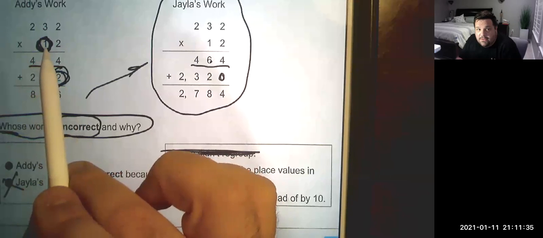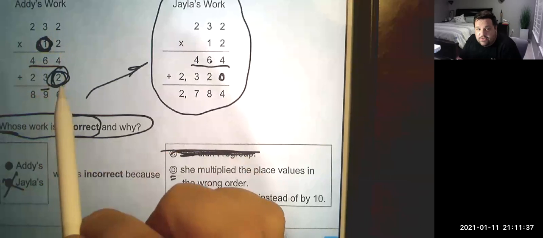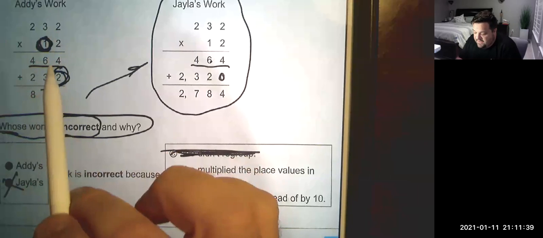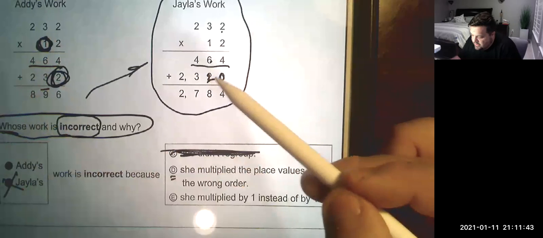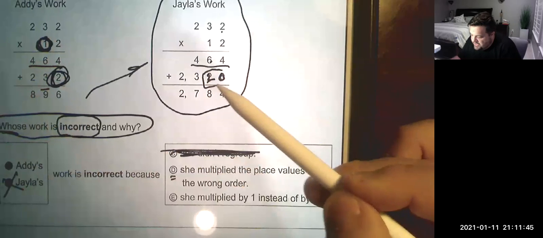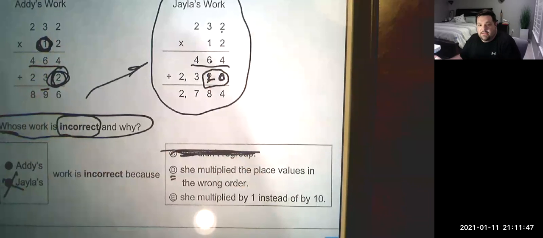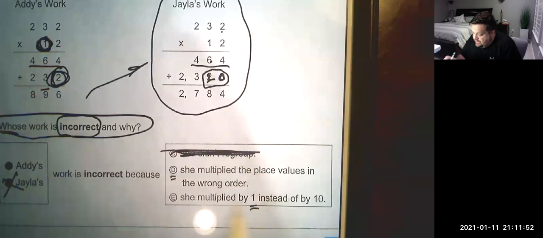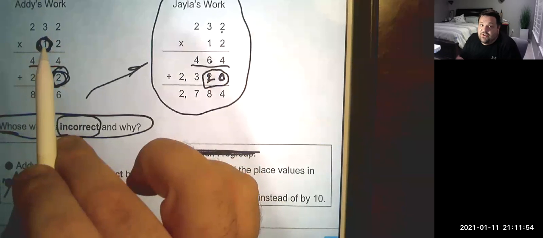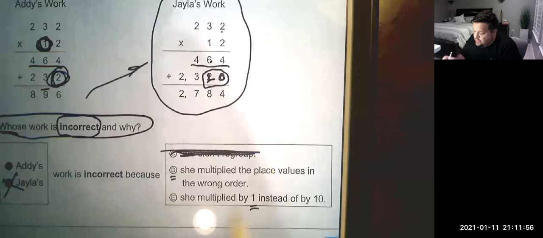Because 1 times 2 is 2. Now, I know it's a little off, but in the real problem over here, 1 times 2, when she puts it right here, look what that equals. We even put in the place value, 20, right? So she actually turned this 10 into a 1. So your answer is actually E.